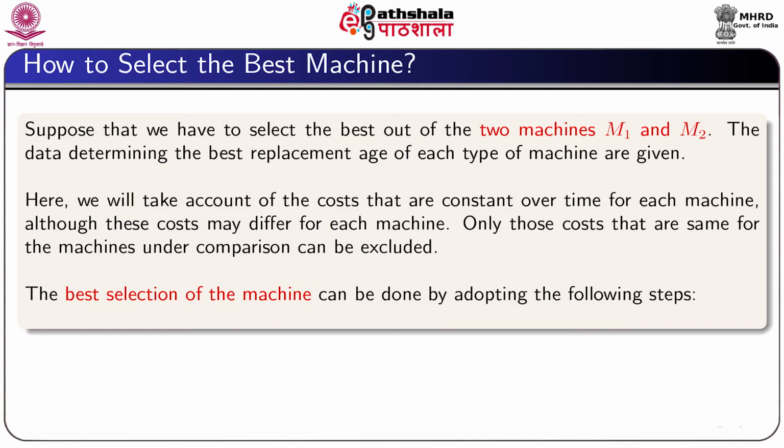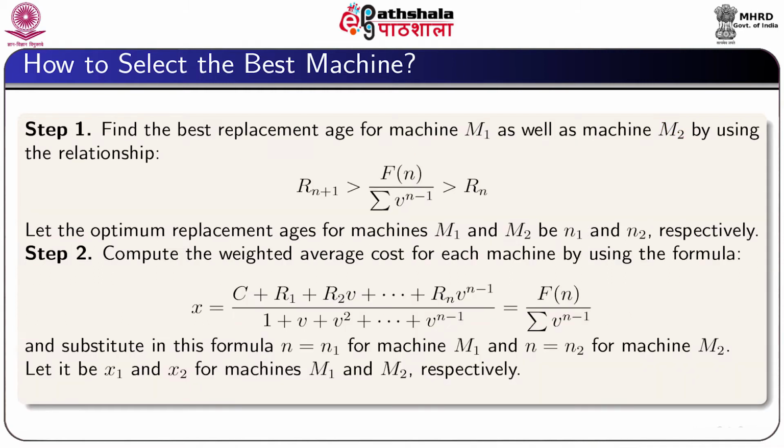In the problem of selecting the best machine, the costs that are constant over time for each machine will have to be taken into account, although these costs may differ for each machine, and only those costs that are the same for the machines under comparison can be excluded. The best selection of machine can be done by following the steps.